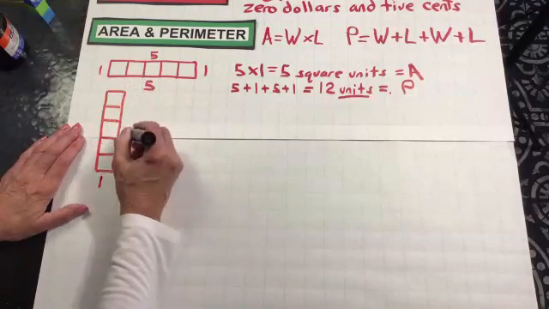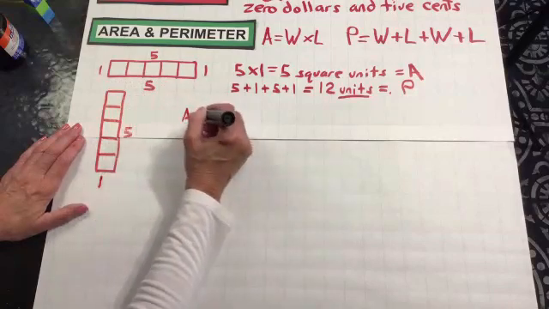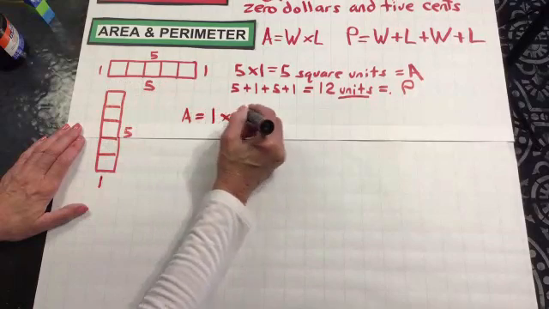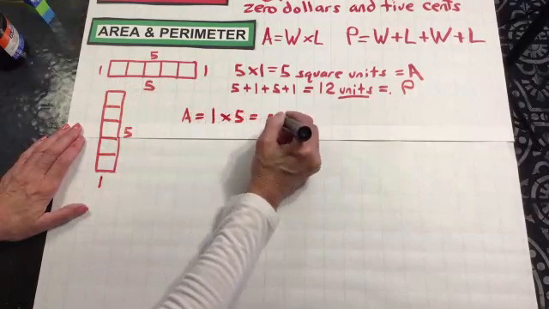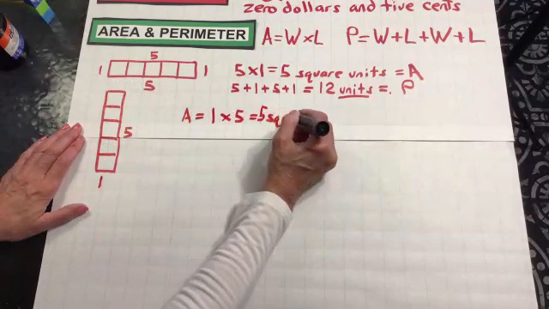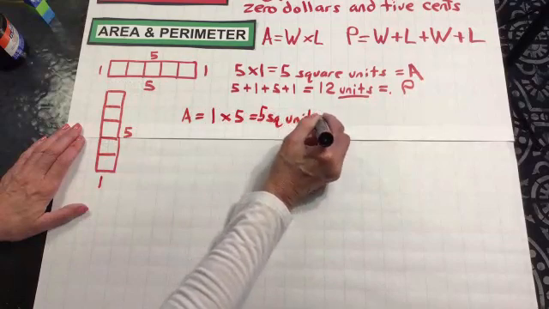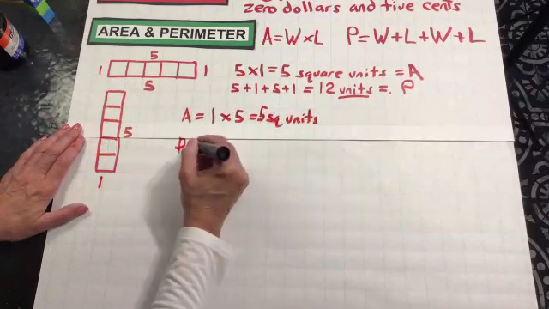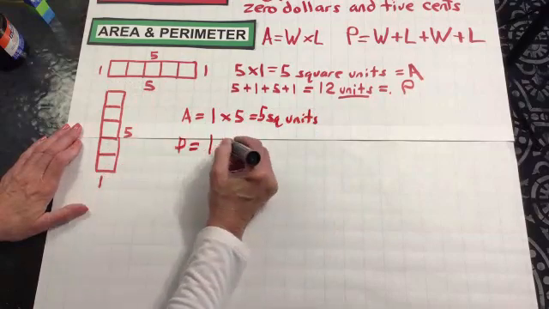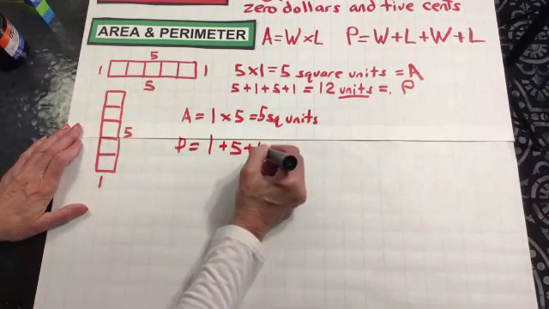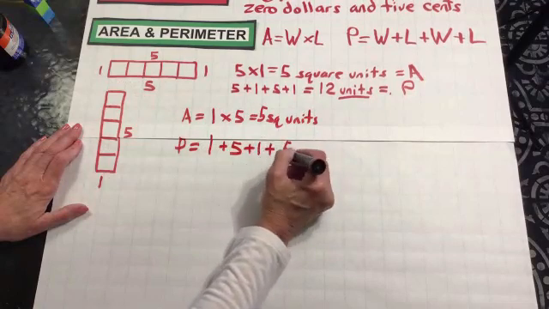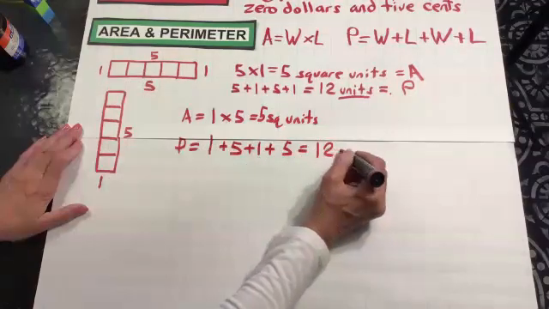So it's a 1 by 5. So the area now equals 1 times 5, which equals 5 square units. And the perimeter, of course, would be 1 plus 5 plus 1 plus 5, which equals 12 units.